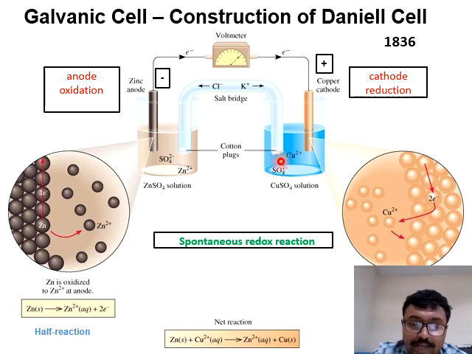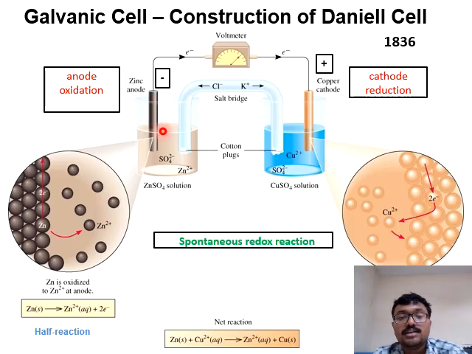This is called the salt bridge, which connects the zinc sulfate and copper sulfate solutions. The zinc rod and copper rod are externally connected by a wire. We put a voltmeter to check whether electricity is being produced outside of the cell. This whole thing is called a galvanic cell.